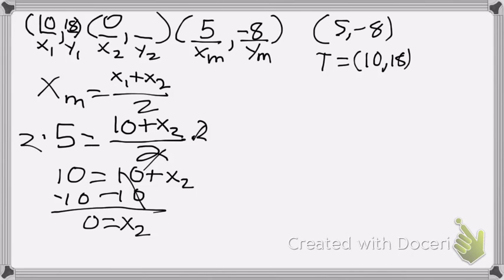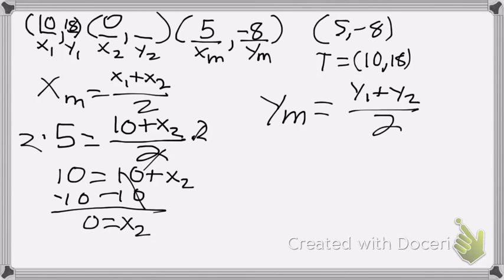So we come back here and work our y magic. So we have y sub m. Again, that is the y coordinate of the midpoint. And that's going to equal the average of the 2 y's. So we plug in negative 8 there. That is going to be equal to 18 plus y sub 2, over 2.